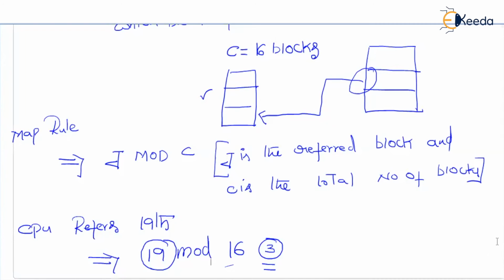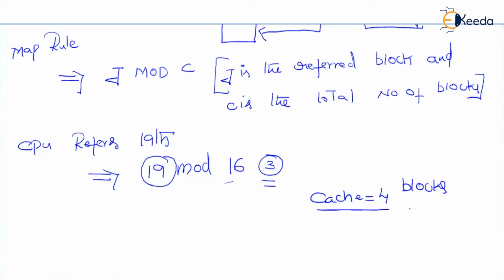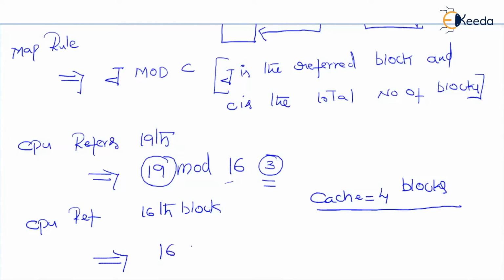For one more example, if we take cache as 4 blocks, now CPU references the 16th block of the main memory. Then mapping rule will be 16 mod 4, which is equal to the 0th block of the cache memory.